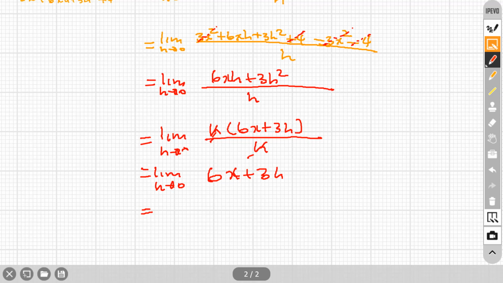So you only lose your lim when you are substituting h with 0. So it's going to be 6x plus 3 into 0, which is going to give you 6x. So this is your f prime of x.